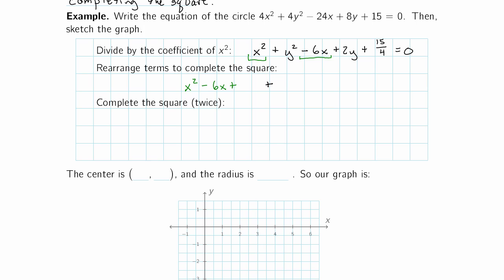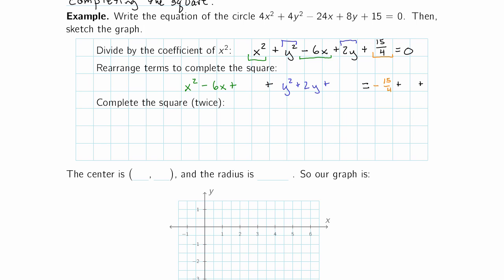Plus, here are my y terms, y squared and 2y. So y squared plus 2y plus another constant that I'll figure out in a minute. And then my 15/4, I'll subtract that from both sides to give me negative 15/4. And then whatever those two constants are that I'm coming up with, I'll need to add those to the right-hand side as well.